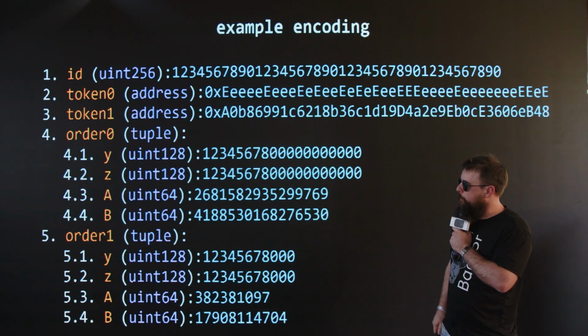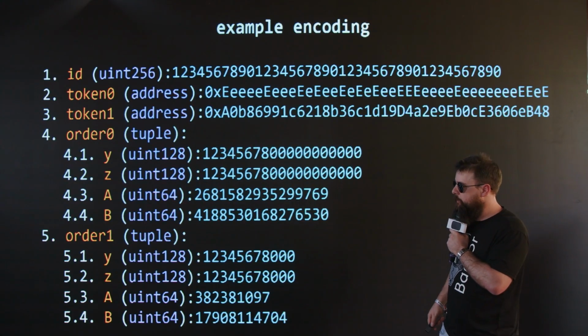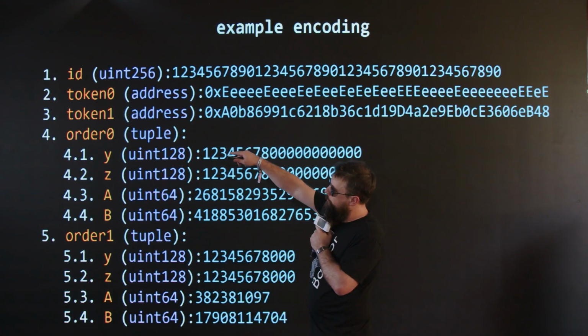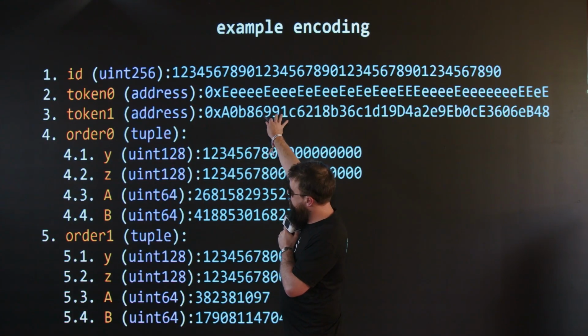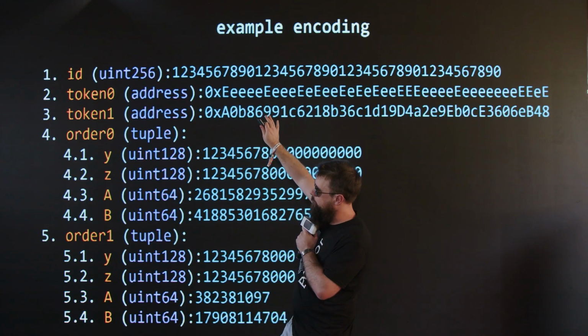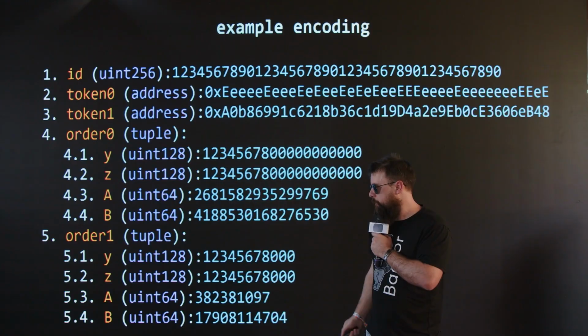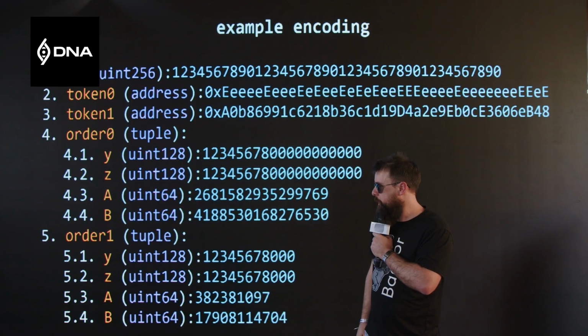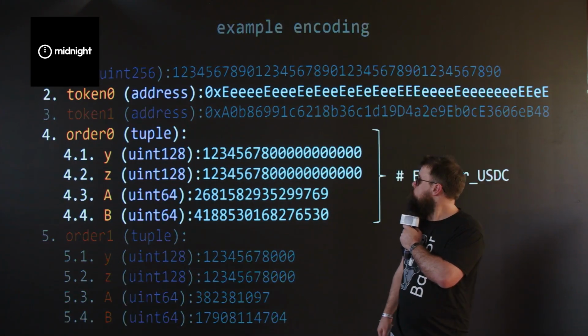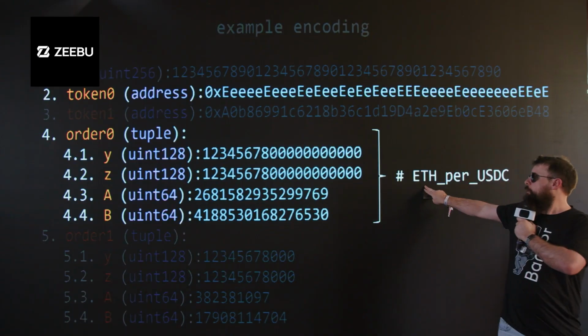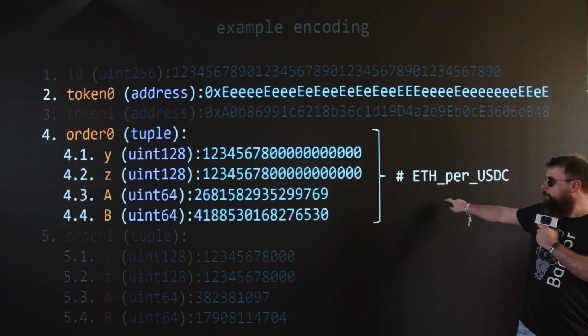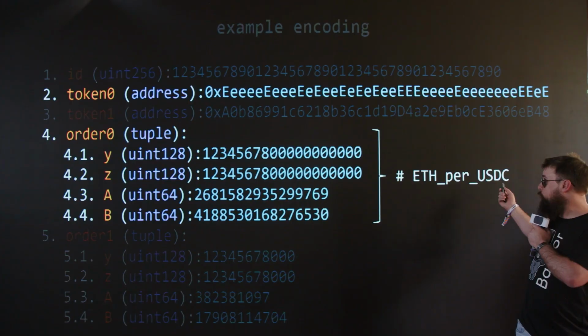Now, this is an example encoding. This is, again, just dummy data, but I wanted to show you exactly what this looks like, right? So for the ID of the particular strategy at the top, followed by exactly the structure that I showed you on the slide before. Now, these variables here are representing the price of ETH in USDC, right?